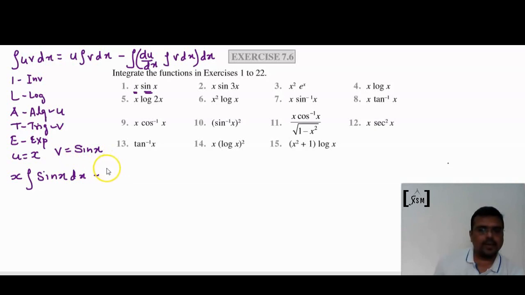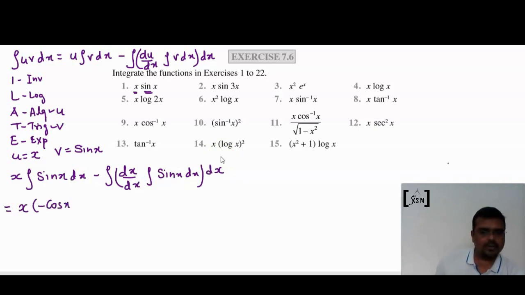minus the integral of du over dx, which is dx over dx, times the integral of sin x dx, whole dx. The integration of sin x is minus cos x, and dx over dx is 1.